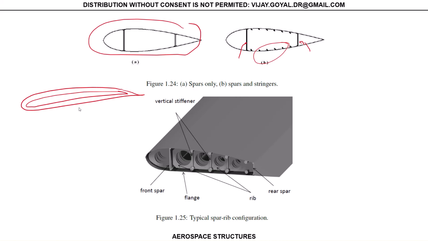As you can guess, this will be a heavier construction. But now when I come to this part of the design, I can say, hey, this is only skin, and this is what's really carrying most of my weight. So these are mainly the load-bearing main structures, and everything else is secondary.